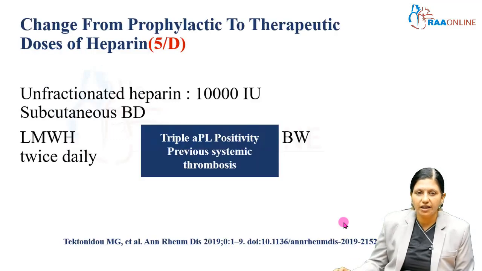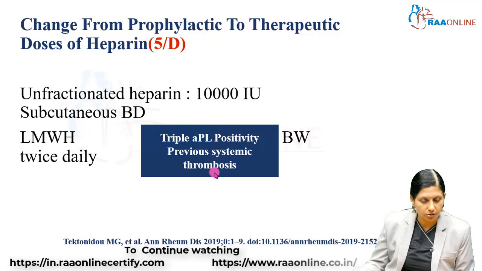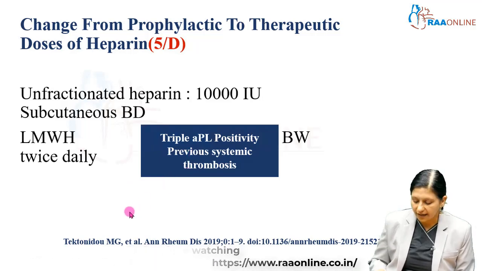Now, when should we change from prophylactic to therapeutic dose? When using unfractionated heparin, the therapeutic dose is 10,000 international units twice a day, and low molecular weight heparin twice a day. So if there is a triple APLA positivity or if there is a previous systemic thrombosis, then we should not give the prophylactic dose. We should give them therapeutic doses of anticoagulants.